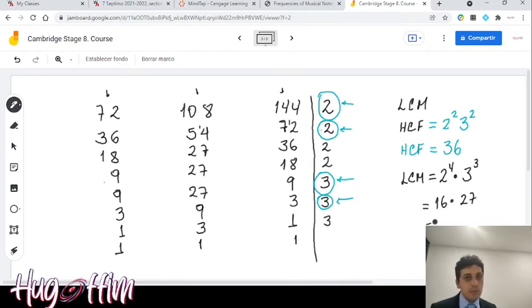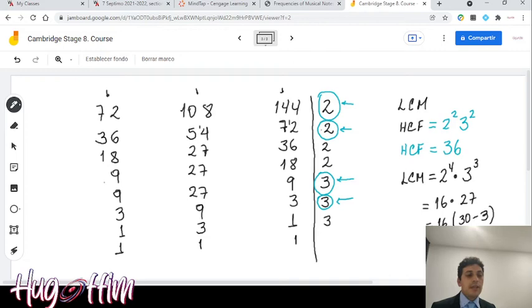For example, if you want, you can convert this 16 into 10 plus 6, or this 27 into 30 minus 3. If you do any of this, we're going to get the answer. I'm going to show you. 16 times 30 minus 3. 16 times 30 is 480. And 16 times 3 is 48.